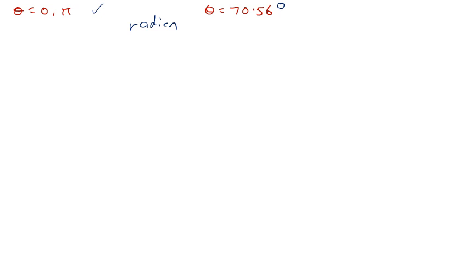Since this is in degrees, we have to multiply by pi over 180. So 70.56 multiplied by pi and divided by 180, we get 1.23 radians, correct to three significant figures.